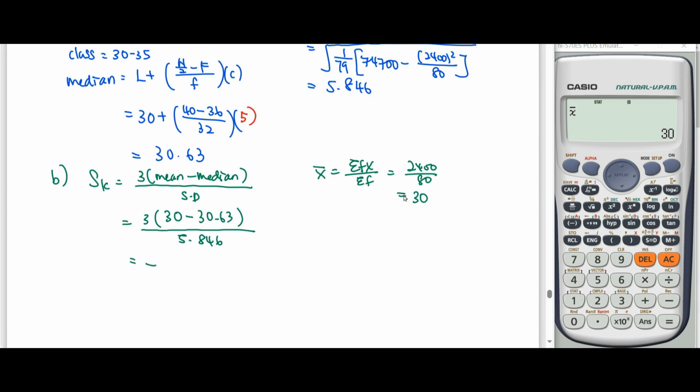So we get negative 0.3231. Once you get a negative value, it means this is negatively skewed. To interpret this calculation, we say the data is negatively skewed or skewed to the left.